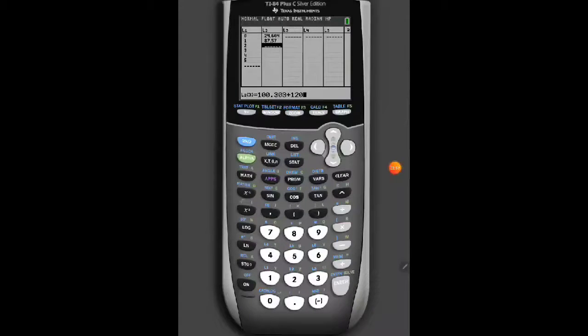Then 120.951, and 133.776. I don't know why, but this program uses like a rumble feature. Every time you press a button, it's kind of weird. Okay, all my data is entered. Your calculator might round things, and that's perfectly fine.